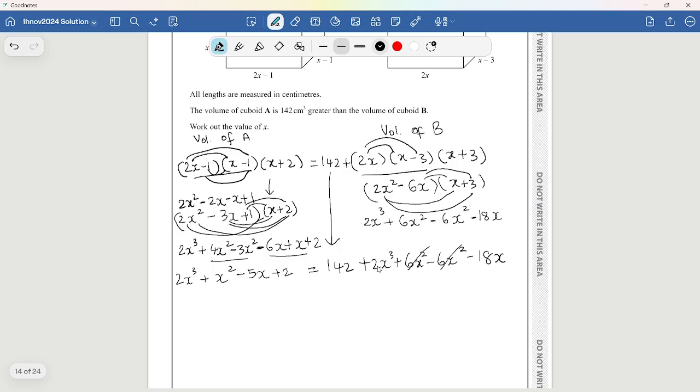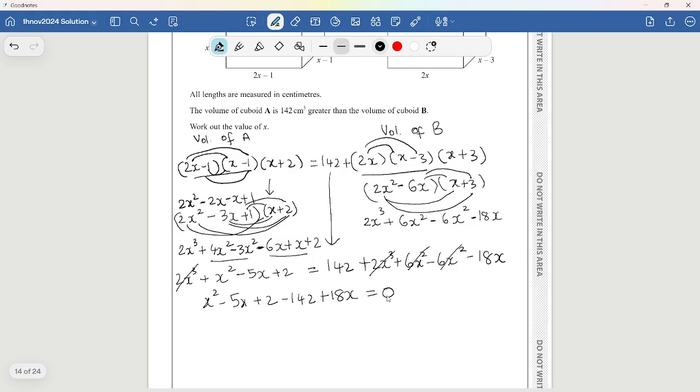And also we see there is a 2x cubed and a 2x cubed here. So if I bring them together on one side of the equation, they actually cancel out. So we can cancel this as well. So now what remains is x squared minus 5x plus 2 and minus 142. Because I subtract 142 on both sides, I get minus 142 and plus 18x.